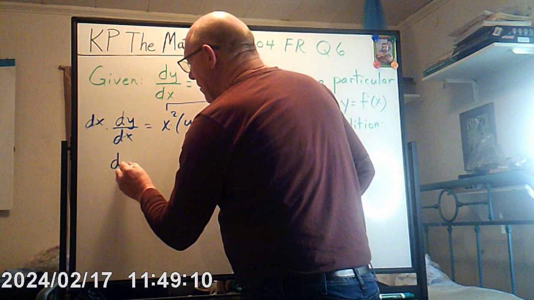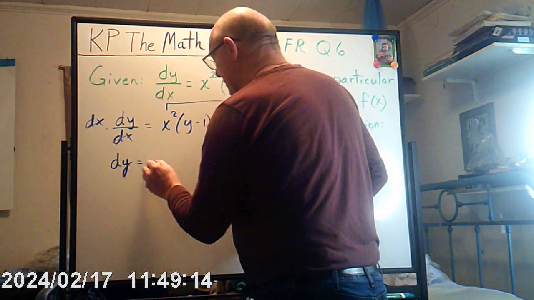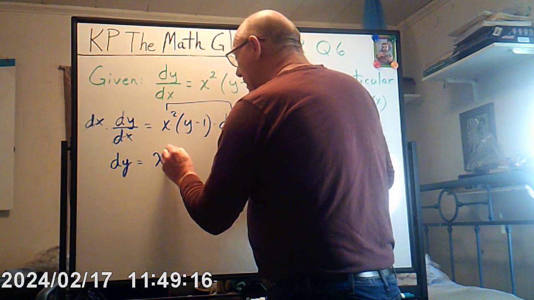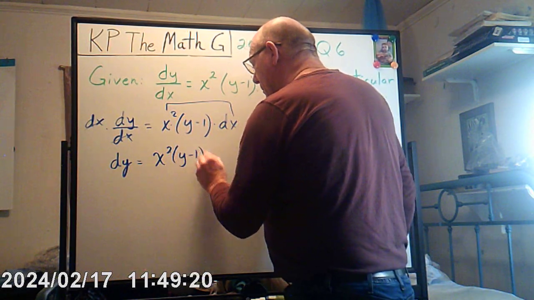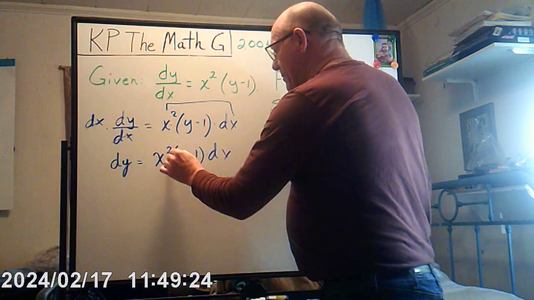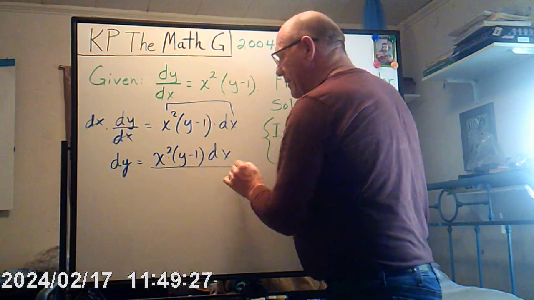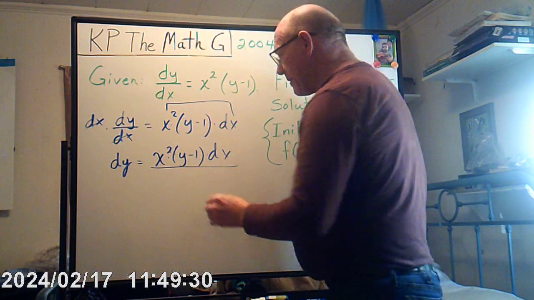This is dy now. dy is equal to x squared times y minus 1 dx. All of this is multiplied, so we're going to divide by y minus 1. Treat that as one quantity.